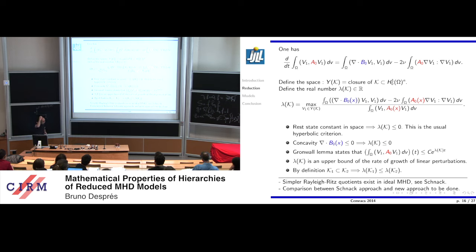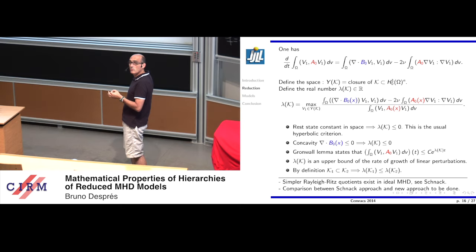But actually, a month ago I was in Munich at IPP, and I looked a little at the book of Schnack on ideal MHD. It's clear that there are some comparisons that must be done between that and what is done in Schnack. Usually people in ideal MHD do this kind of analysis with a completely different method, which is more physically oriented. And in Schnack, it is written in some places that it is not possible to do that algebra; it is possible only for ideal MHD.